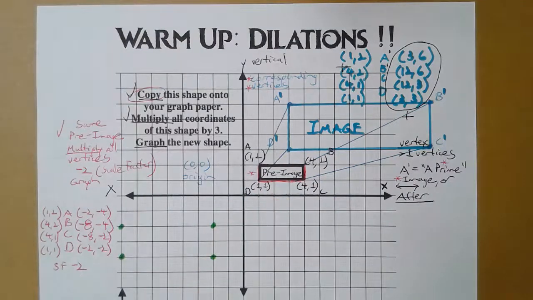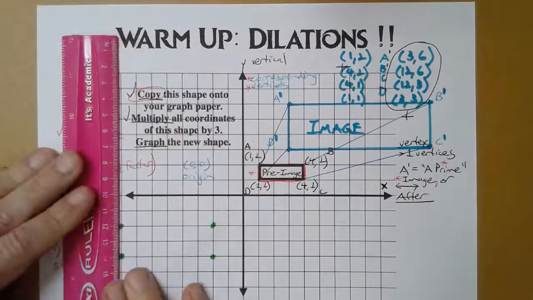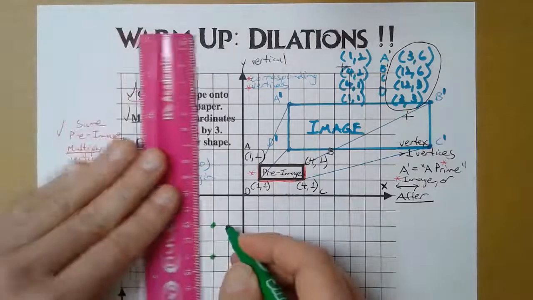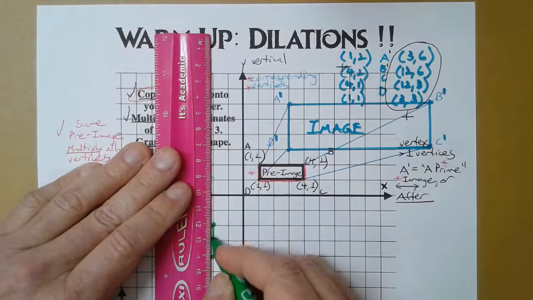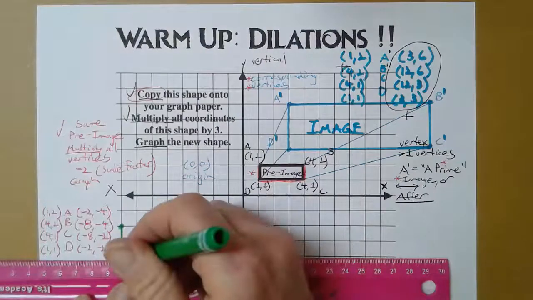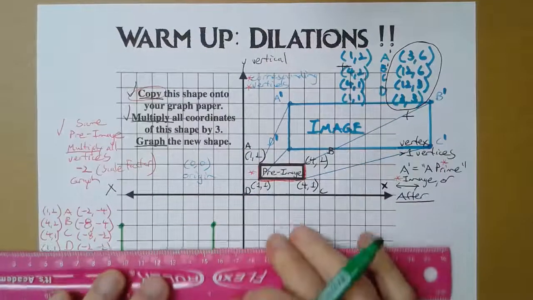That's a good sign. We still have a rectangle. It's a similar rectangle, meaning all sides, dimensions, measurements have been multiplied by the same thing, -2. That same thing is called the scale factor.